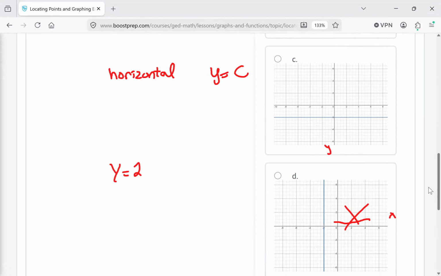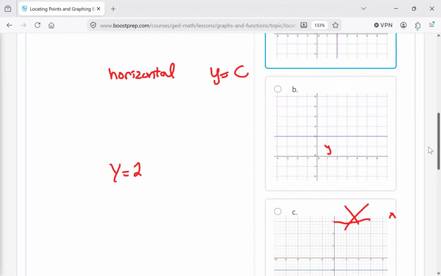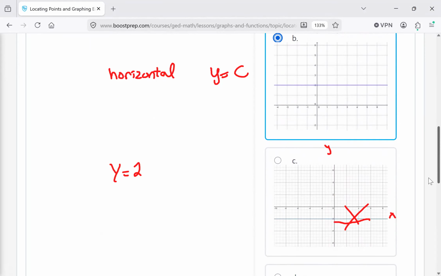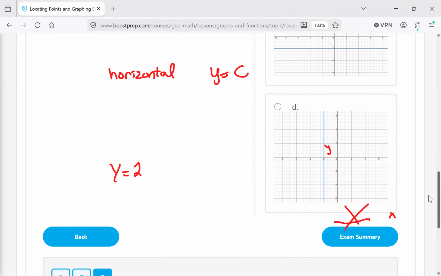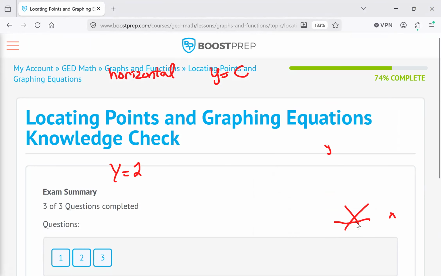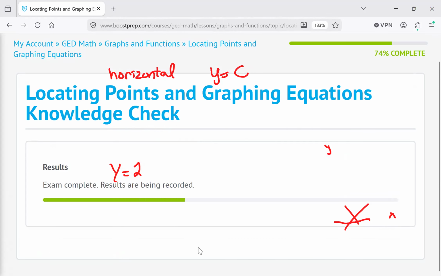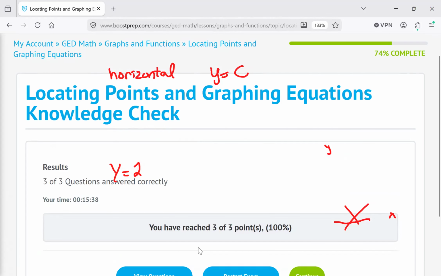Is it D? No, because that's vertical. So it looks like the best choice would be B because it's horizontal and it's at y equals 2, right? Okay, let me double check. Perfect. We got it all right.